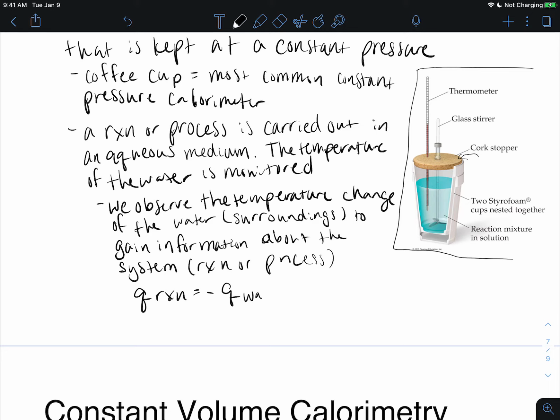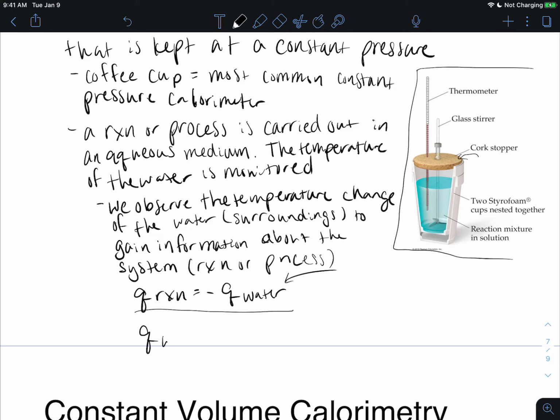The reaction and the water or solution will have opposite signs, because as the reaction releases heat, it's absorbed by the solution or water, or vice versa, if the reaction absorbs heat, it absorbs it from our solution or our water. So we will usually, since we're observing the water directly and we're indirectly looking at a reaction, find what the temperature change of the water is and then solve for our Q of our water using our specific heat of our water.